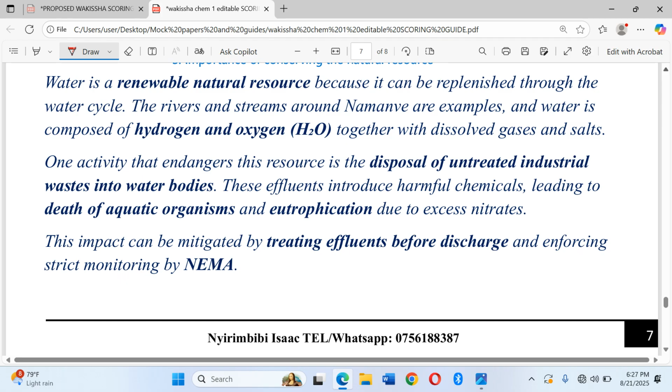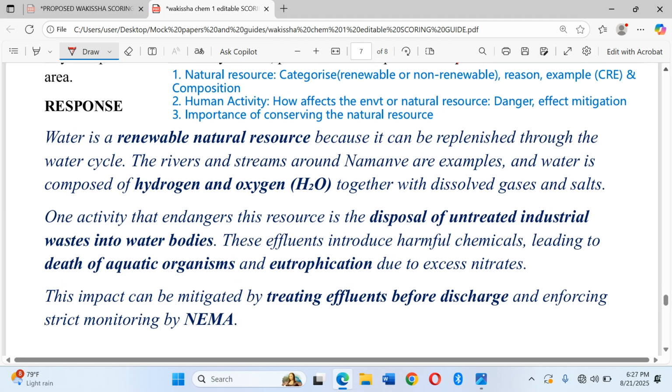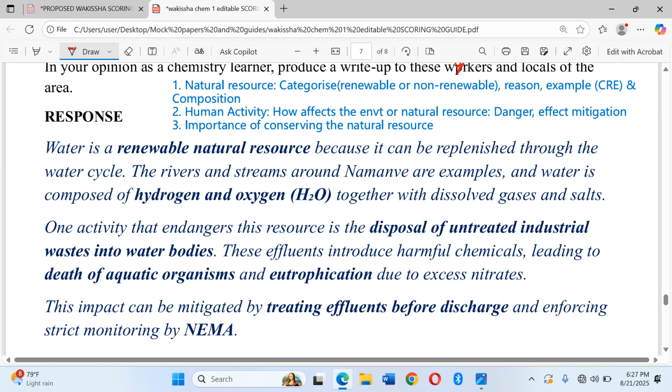So we start. The first paragraph is to identify the natural resource, which is water. Water is a renewable natural resource, which is our category, because it can be replenished. That is the reason, through the water cycle.